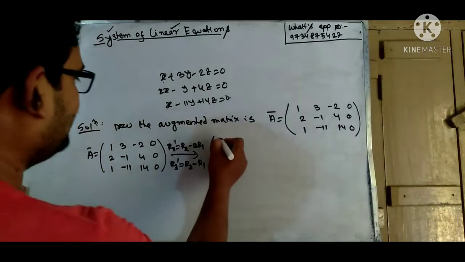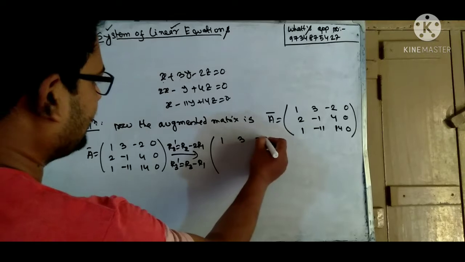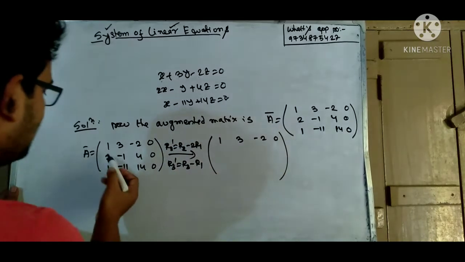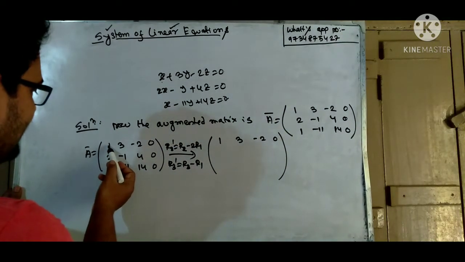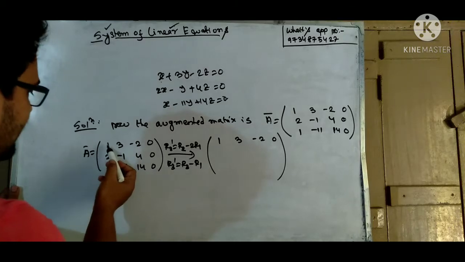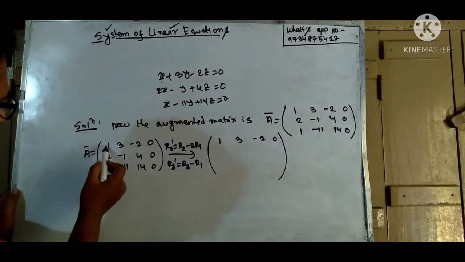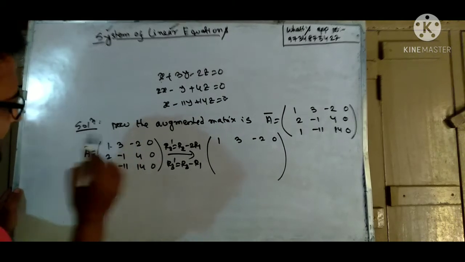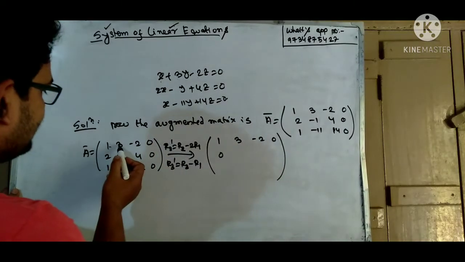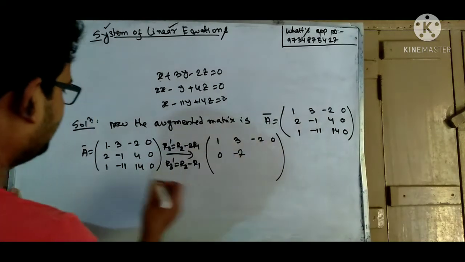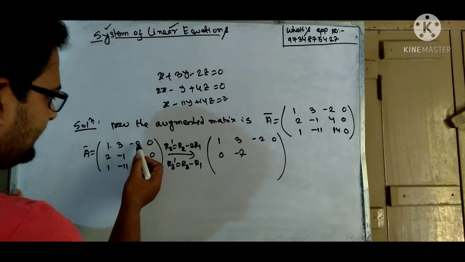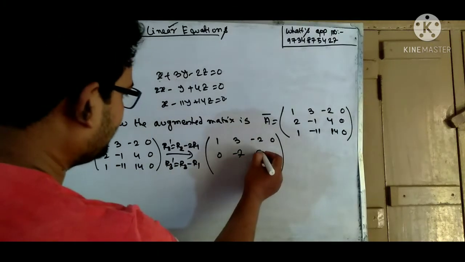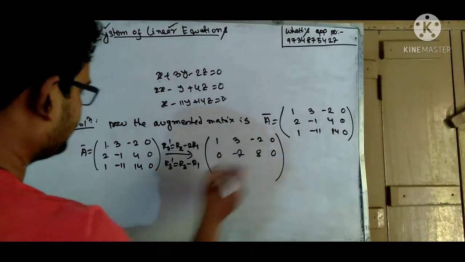So, the new matrix will become 1 3 -2 0. Multiply the first row by 2 and subtract from the second row: 2 minus 2 is 0, 6 minus 7, and 2 minus 4... if we subtract then it will be 8, and the last will be 0.